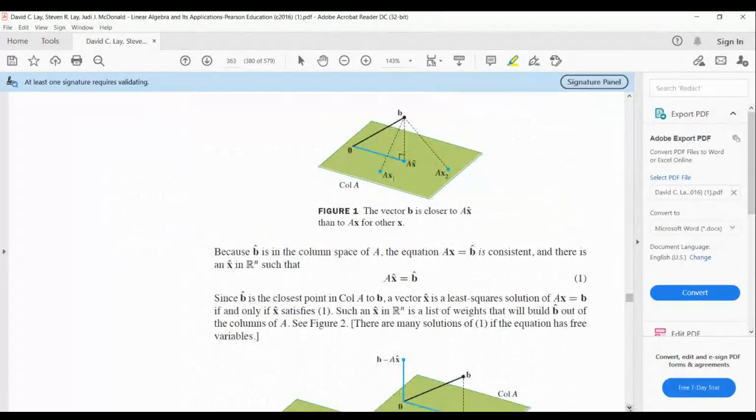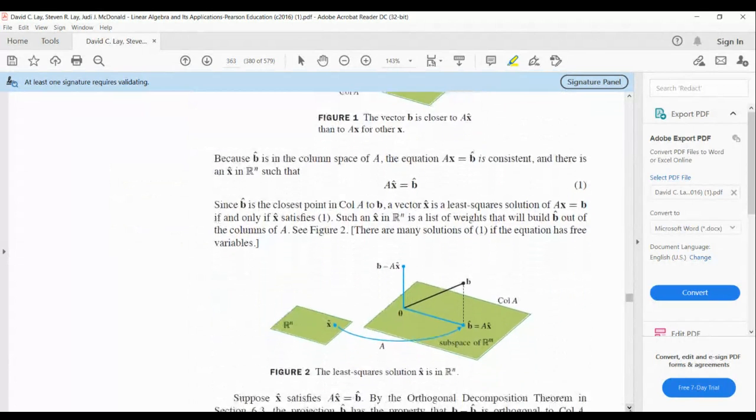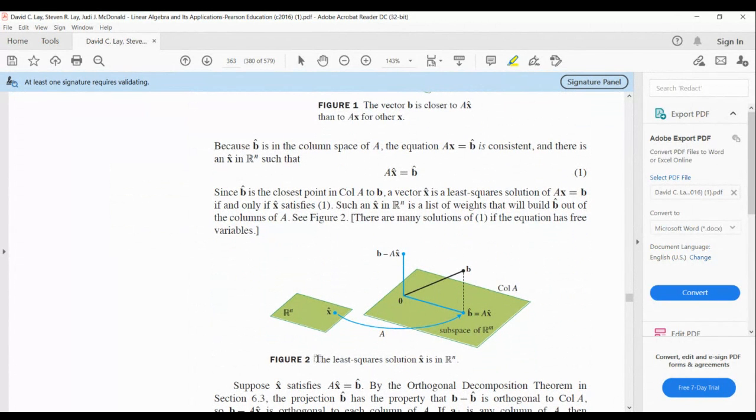Of course, we have to recognize, and this is figure 2 in the book, that A times x hat equals b hat, not b, because no value of x would be such that A times x equals b, since we don't have a solution to our system of equations.